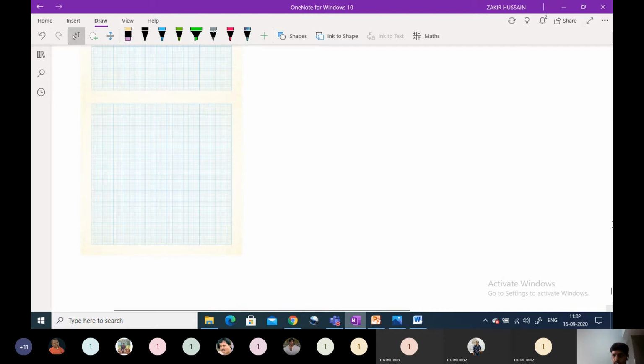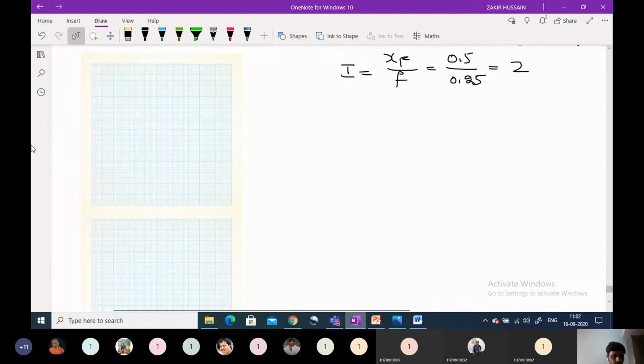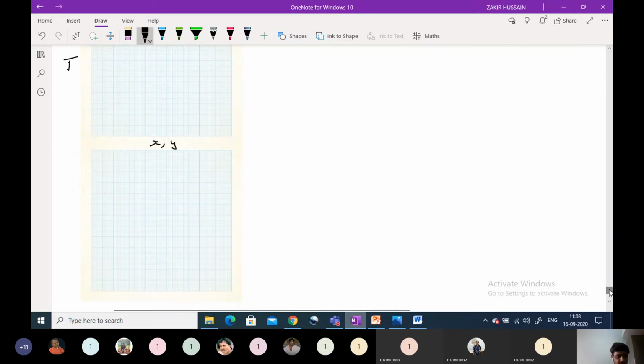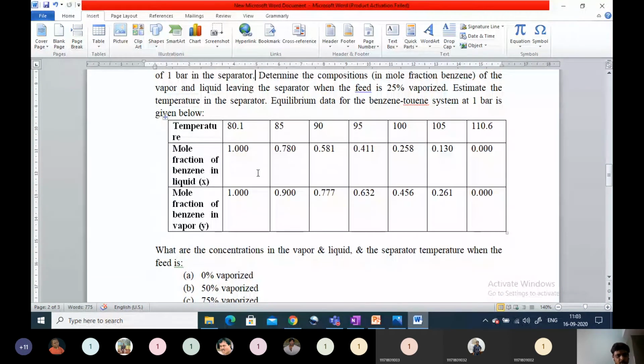In the real situation, you can take a single graph and divide it into two graphs. So first one we have to draw Txy. Okay, they have already given data. So T, and here it is x comma y, and in the next graph you have to draw the equilibrium curve between x and y. So here it is x and y. So first we will see how to draw this one. Only one or two cases I'm going to take. Rest of the cases you have to do on your own.